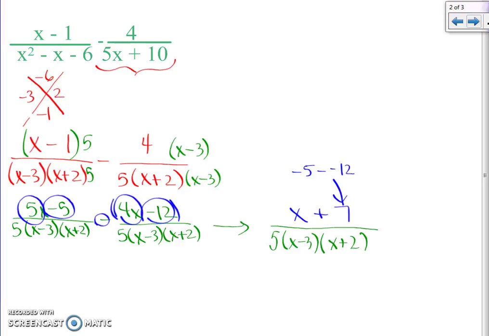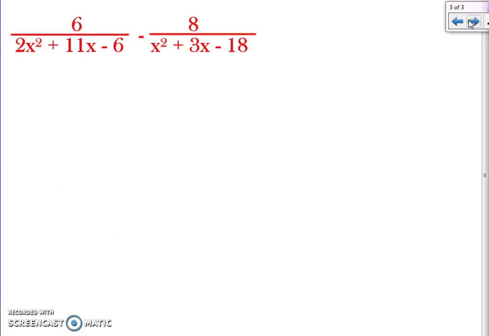Okay, last page. All right. We factor here, we factor here. What's our top number? Negative 12, we take 2 times negative 6. We got 11 here. What two numbers work? 12 and negative 1.